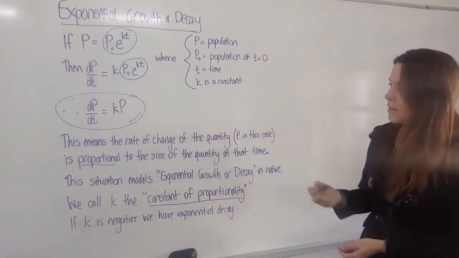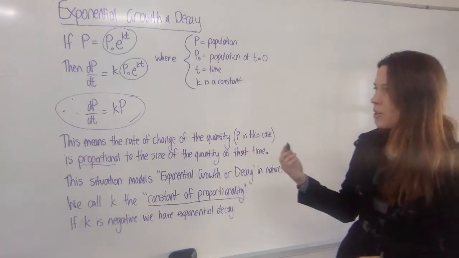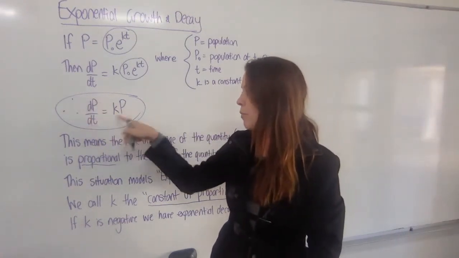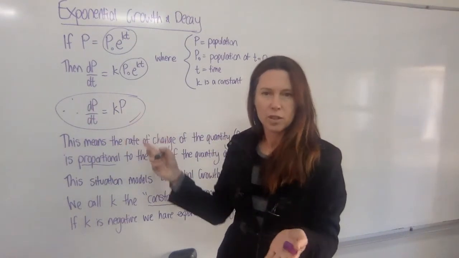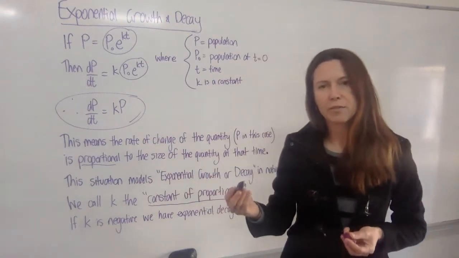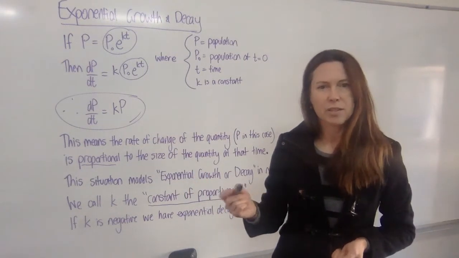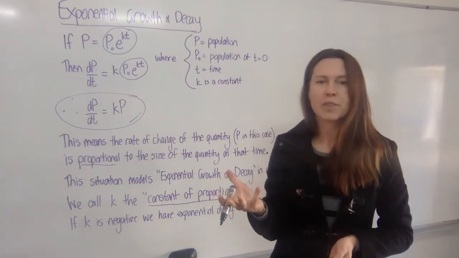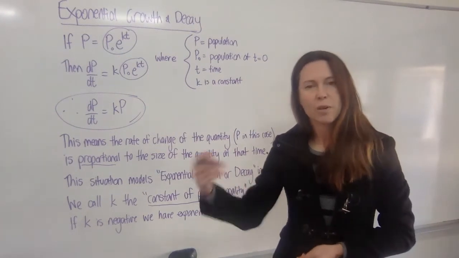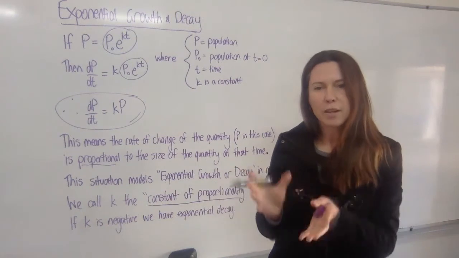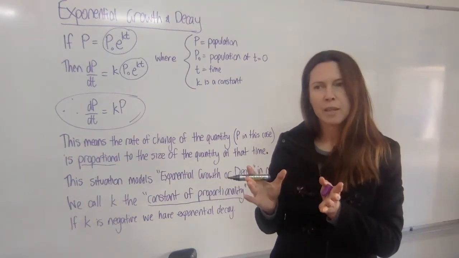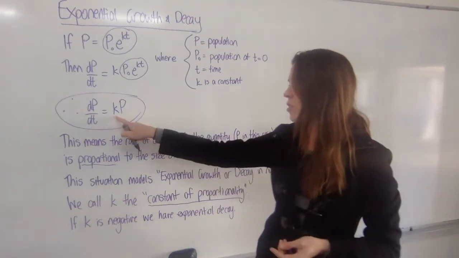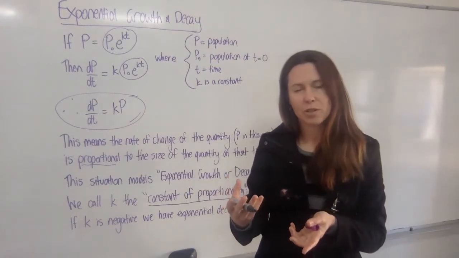Now, why do we get this situation in nature where the rate of change is proportional to the quantity? Well, it makes complete sense. If we've got a population that's growing, let's just say it's rabbits multiplying, the more rabbits there are to reproduce and have children. And so the number of rabbits at any one time is definitely related to their ability to reproduce.